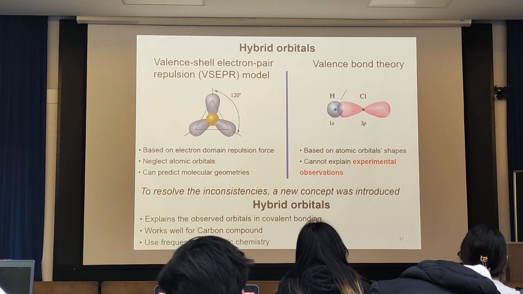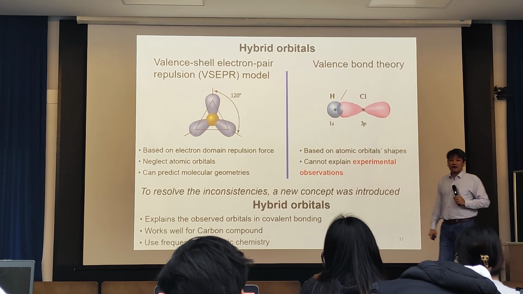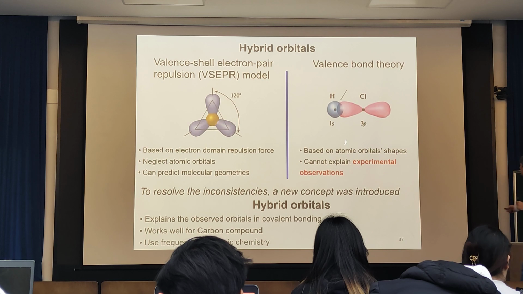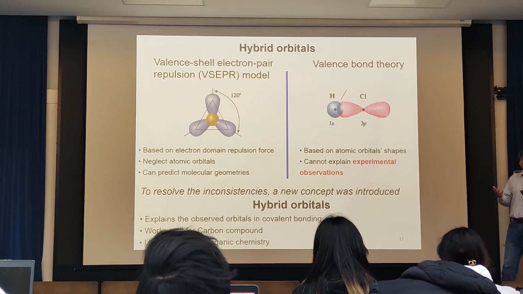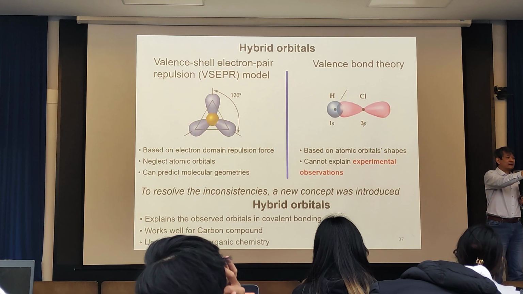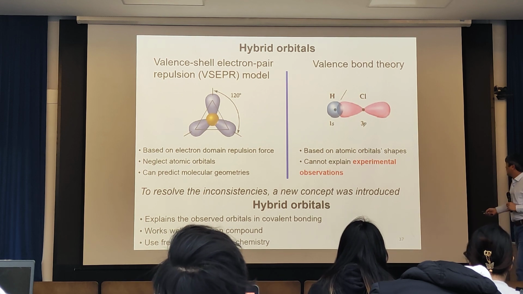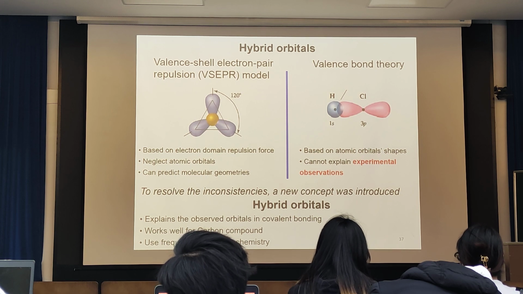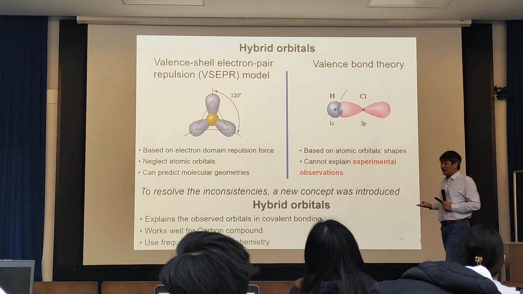So, the last thing, we talk about the hybrid orbital. The thing is the following. We talk about the overlap of two orbitals. Okay? So, if you take the case of carbon, it has orbital S and orbital P. And then, if you make carbon with hydrogen, for example, hydrogen has only orbital S. Carbon has one orbital S and three orbital P, right?